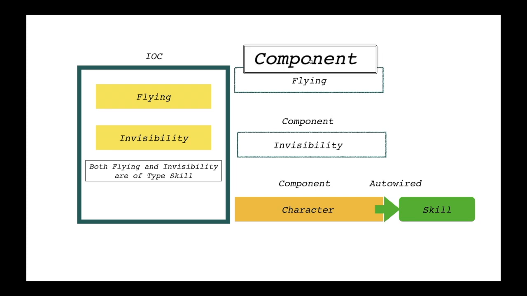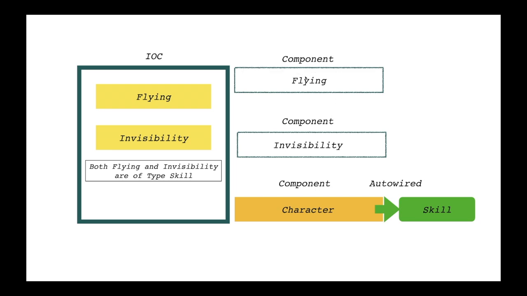So when we mark a class as Component, Spring understands the user wants an object to be created for this class. When we mark something with Autowired, Spring understands this component depends on a different object. In this case, the Character depends on Skill. But now we are not telling Spring which Skill type object we want, whether Flying or Invisibility.